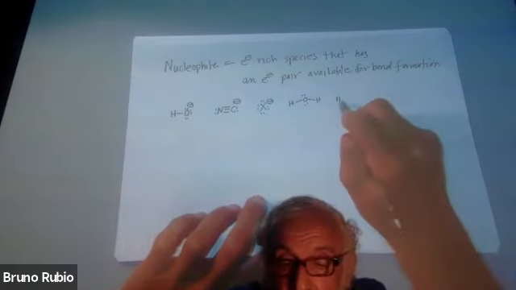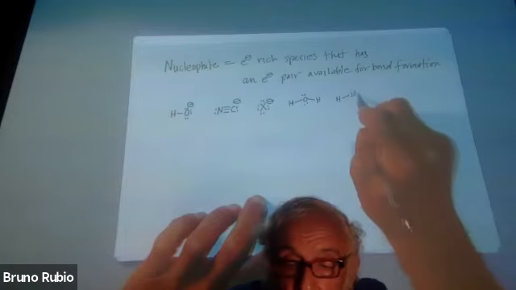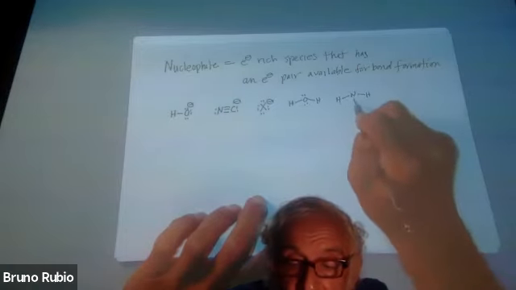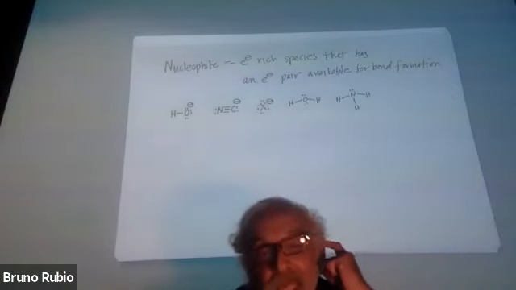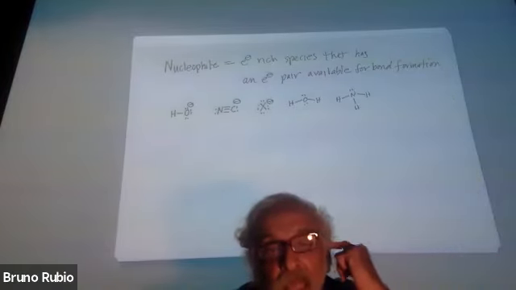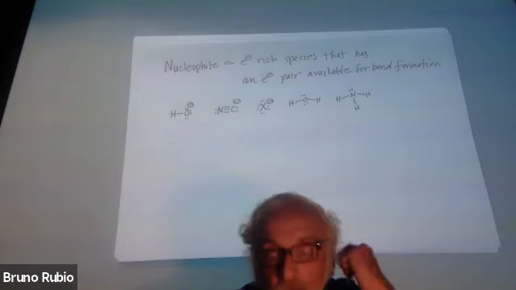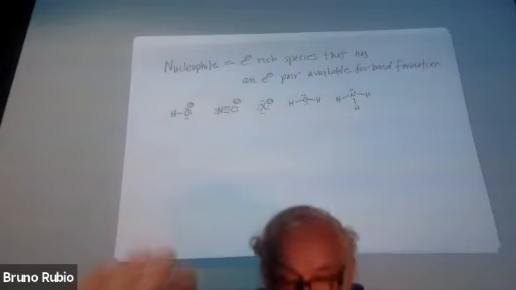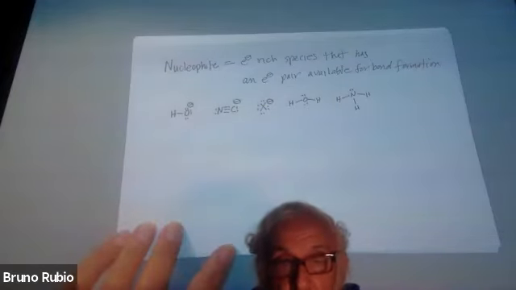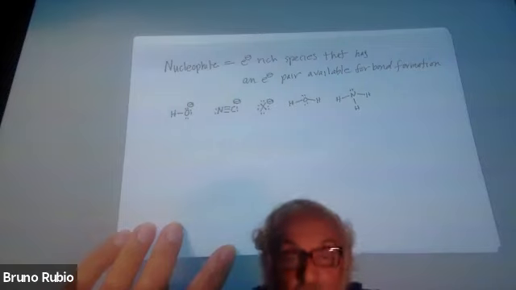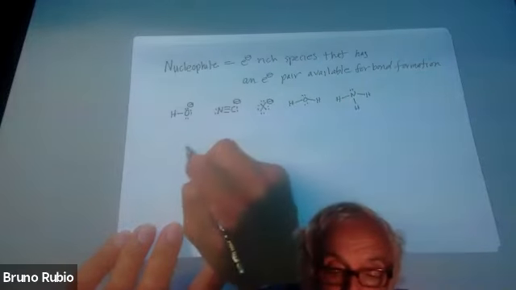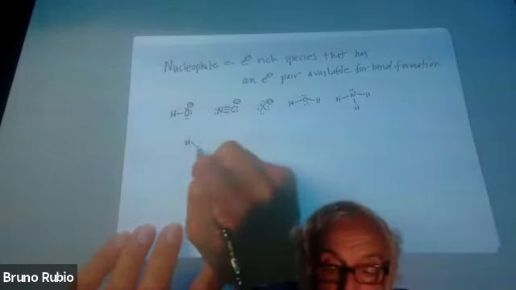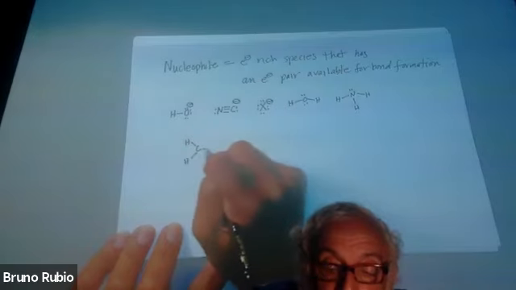Another example of a neutral nucleophile would be ammonia or any kind of amine. Once again, that nitrogen atom has an electron pair that it can use to form a bond to something else, and that nitrogen atom is nucleophilic. Another example of a nucleophile, which is much more germane to what we're talking about now, is the carbon-carbon double bond.